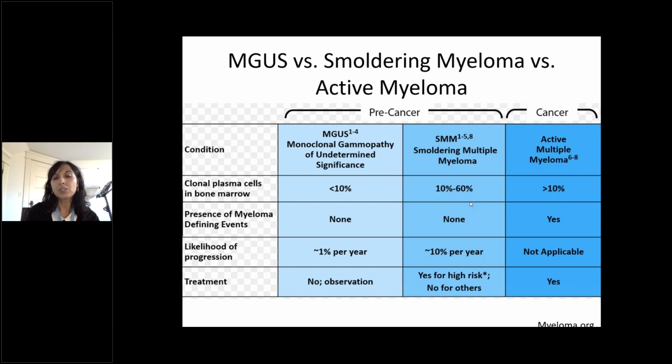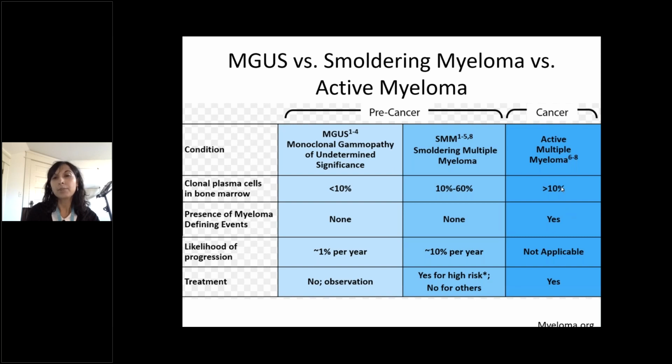And these patients do need to be followed carefully because there's a 10% risk per year that they will develop active multiple myeloma. So generally, we do not recommend treatment for these patients, but mainly close observation.